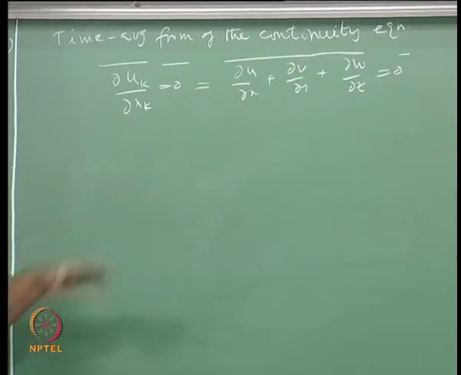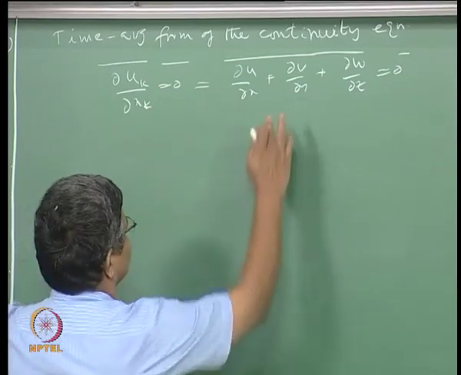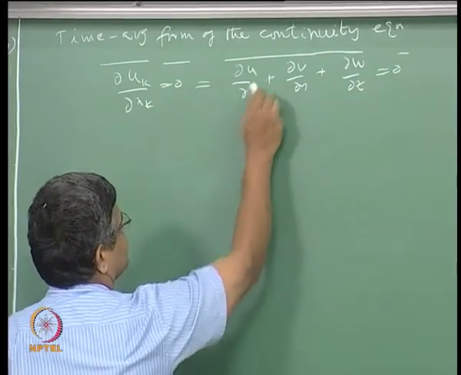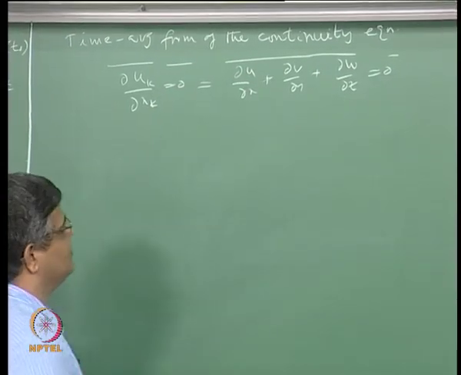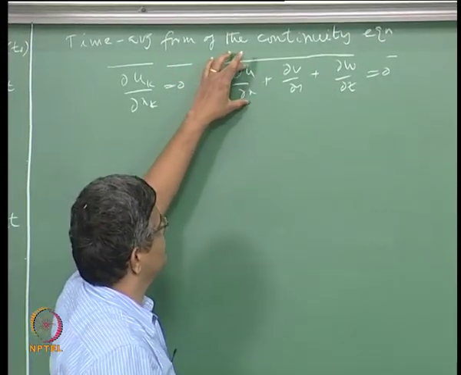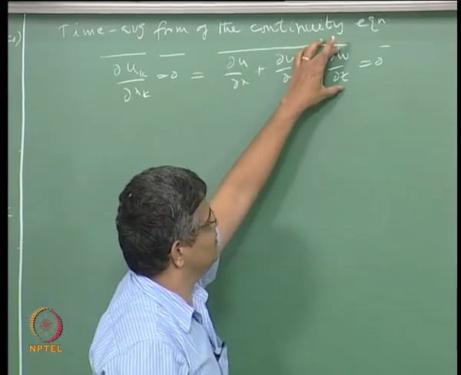Time average of 0 is obviously 0, and we can say that this quantity is like time average of f plus g plus h. Therefore, it is time average of this quantity plus time average of this quantity plus time average of this.